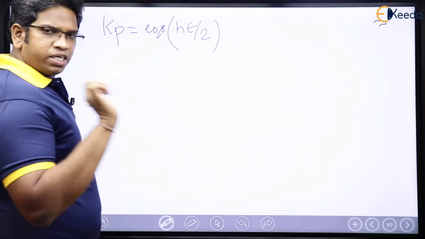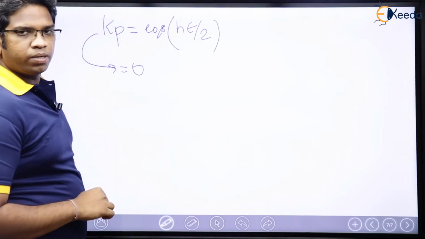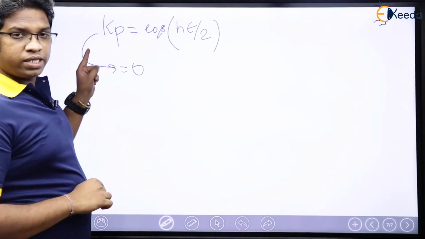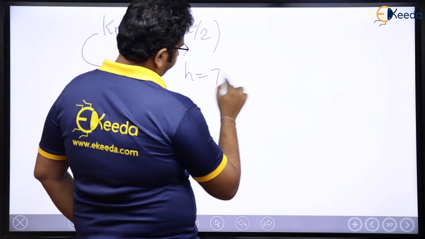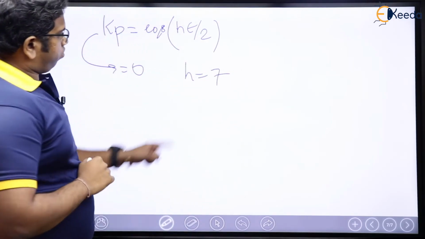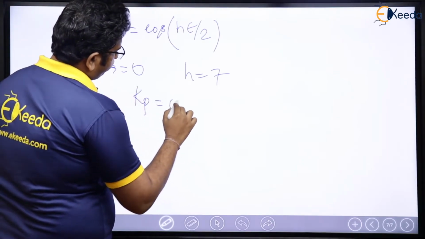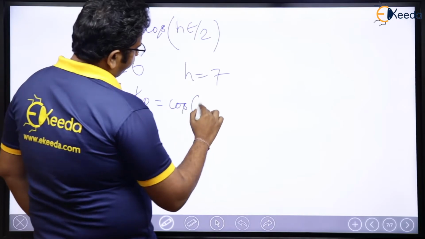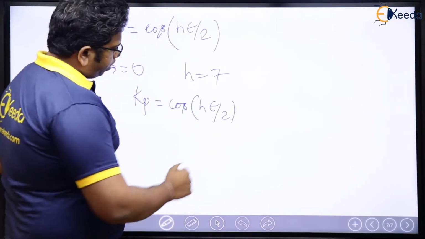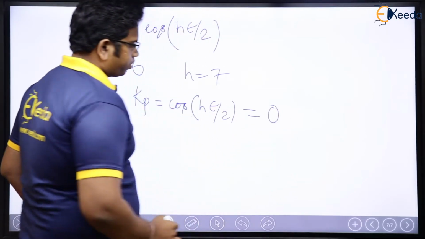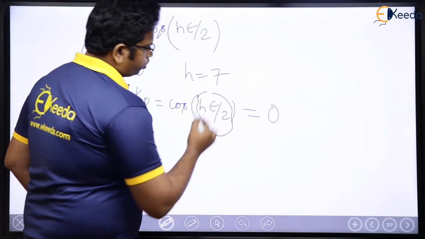If by some means I am able to make this Kp 0, then for that particular harmonic, for example H equal to 7, what will happen? Let me take Kp equal to 0, which means cos of this angle is equal to 0.